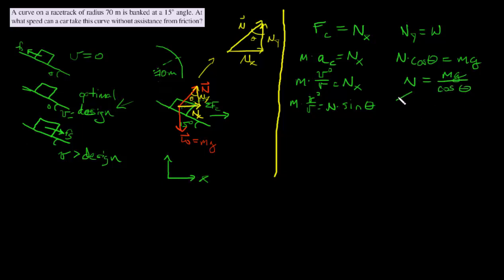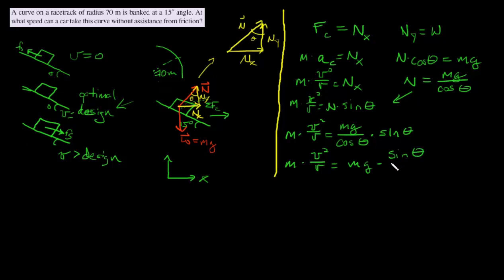Now I can take this and plug it in this side. So we get that the mass times v squared over r is equal to the normal, but that's mg over cosine theta, times sine theta. And we want to solve for v. So first thing I'll do is the sine and cosine. We get m times v squared over r equals mg times sine theta over cosine theta.